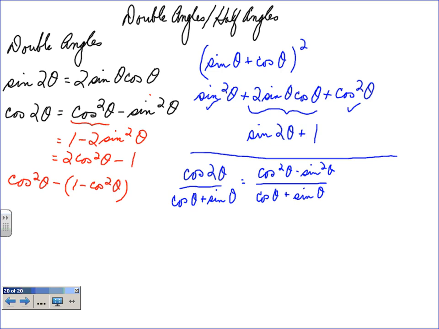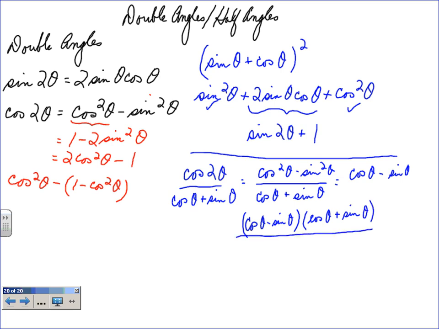Does anybody see what I can do? Cosine minus sine, cosine plus sine. All right, I have the difference of two squares up on top. Cosine minus sine times cosine plus sine, over the denominator, which is cosine theta plus sine theta.